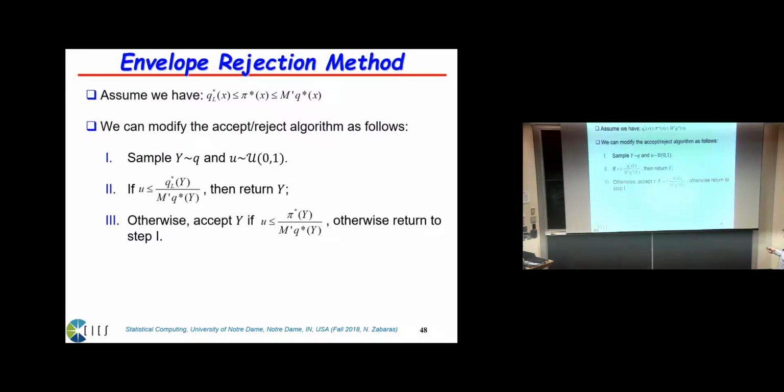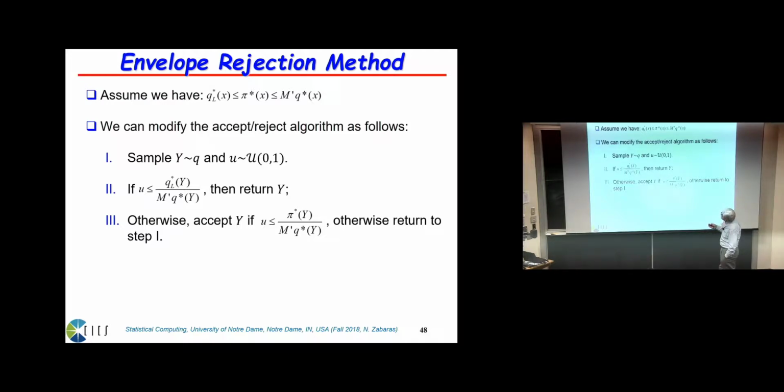So basically we sample Y from Q. We sample U from the uniform distribution. This is what is new. And this is sort of an intermediate step at which you can terminate the algorithm. It says if U is less than or equal to this lower bound QL star at Y divided by M star Q star of Y, then return Y. Will you agree with me that if this is satisfied, the theory that we discussed before will accept Y?